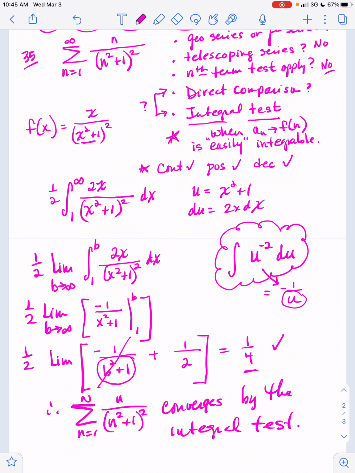Okay, 36. 36 was, let me check my notes. 36, I like 36 if you do not recognize it off the bat, and it's not easily recognizable. I do know that it is not geo-series or p-series. If I do the nth term test, I'm going to get 0.